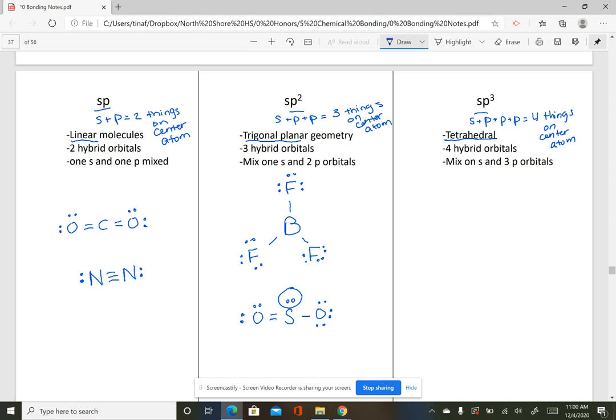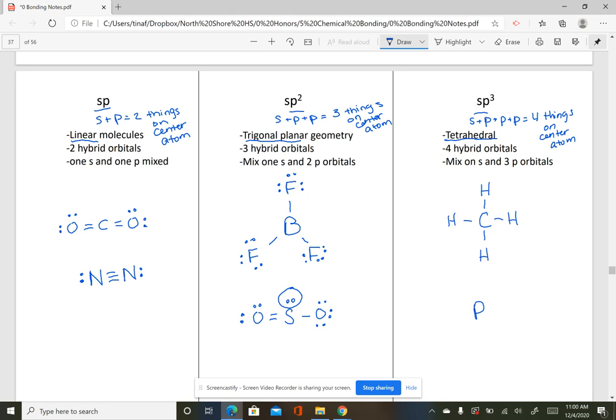So it could be 4 atoms sticking off, or 3 atoms and 1 lone pair, or 2 atoms and 2 lone pairs. Okay, so just to give you some quick examples, CH4 is nice and easy to draw. There's 4 things sticking off of the center, this carbon, so it's sp3, right?